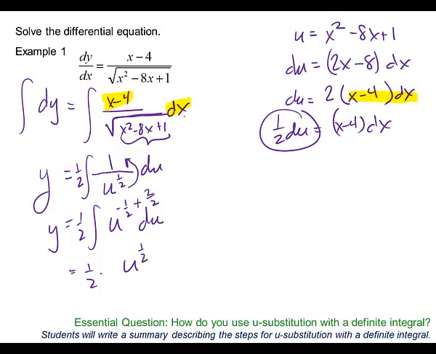Divide by 1/2 or multiply by 2, plus c. 2's cancel. So we've got y equals the square root. I'm going to switch it back to a square root. Could I sub my u back in at this point? Yeah. So y equals the square root of x squared minus 8x plus 1, plus c. There's your final answer.